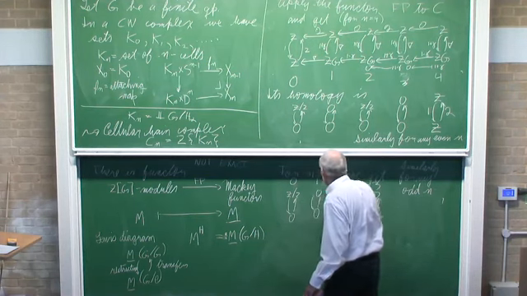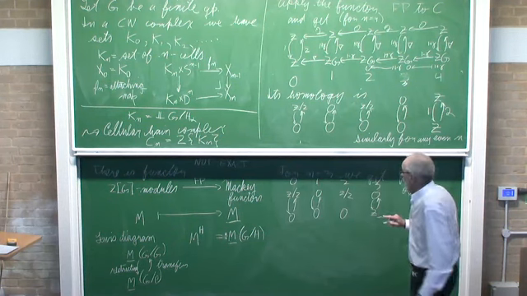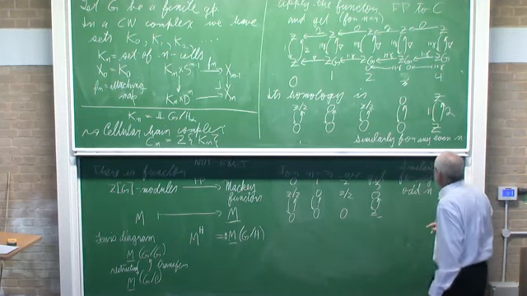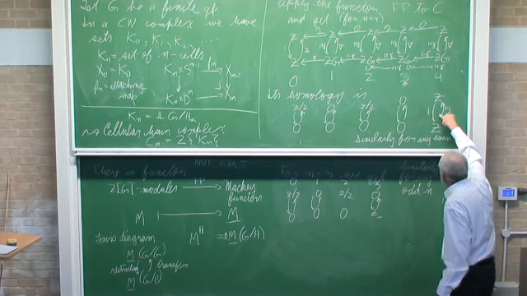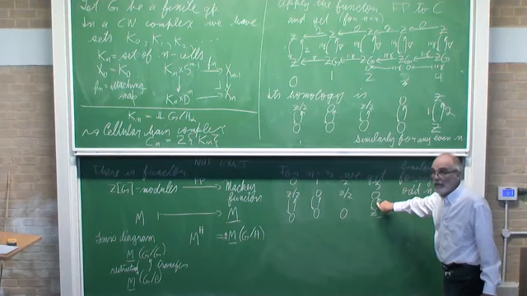You're always going to get these Z mod 2s in even dimensions below n, and in the nth dimension, you're either going to get this Mackey functor if n is even, or this Mackey functor if n is odd.